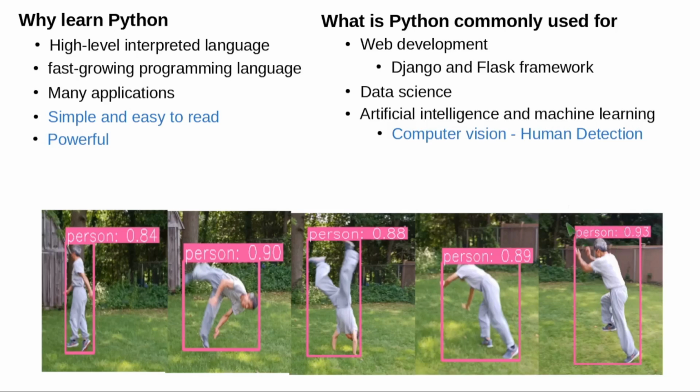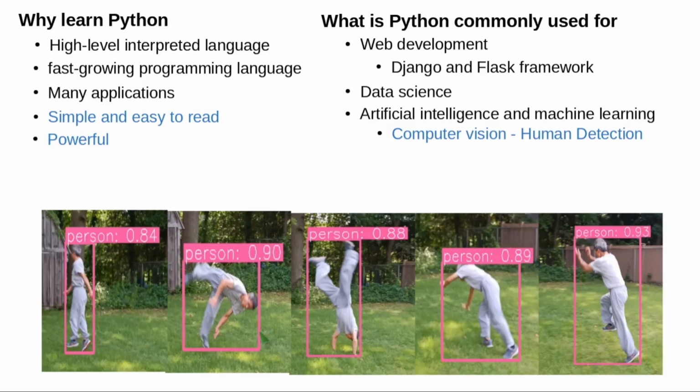These are several images I copy from the videos. As we can see, as the person is performing the cartwheels, the body position is in different orientations, but the algorithm is still able to detect the person, even the person is upside down or in different orientations.